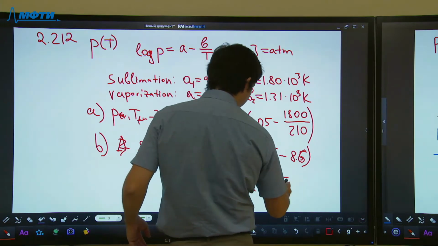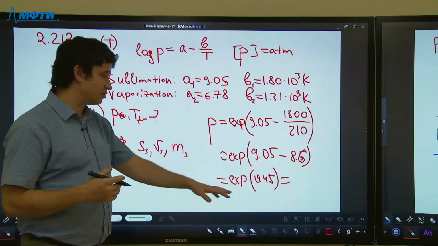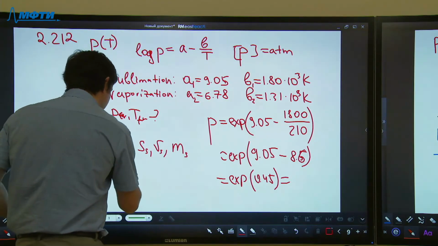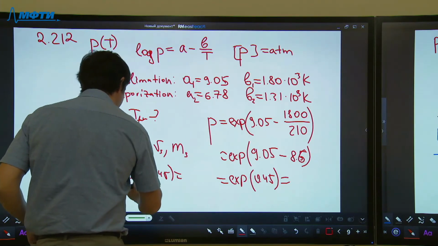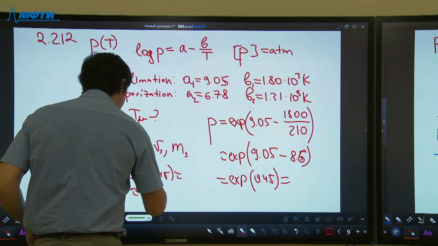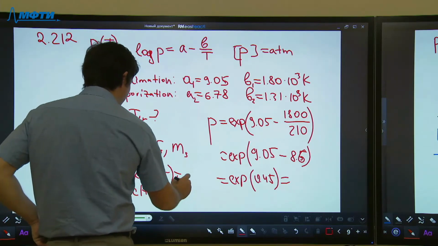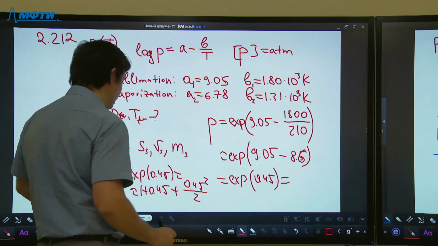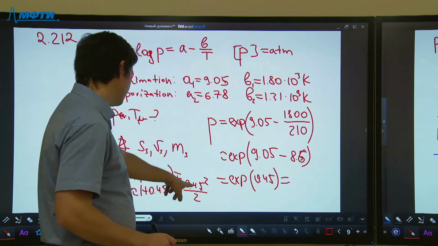So I need to remember how to calculate the exponent of this 0.45. The exponent of 0.45 is approximately 1 plus 0.45. The second term would be 0.45 squared over 2, and let's look at how it corresponds to the first correction.